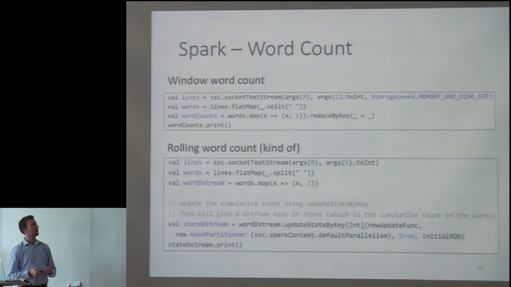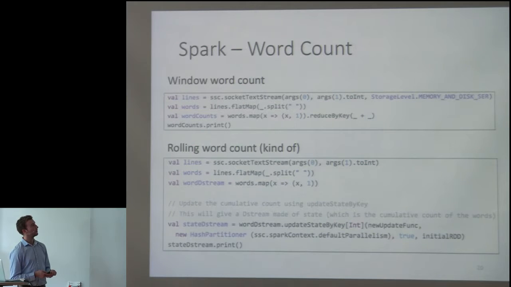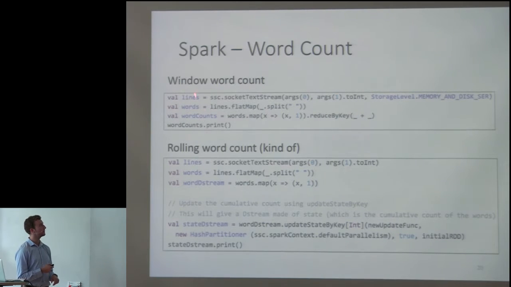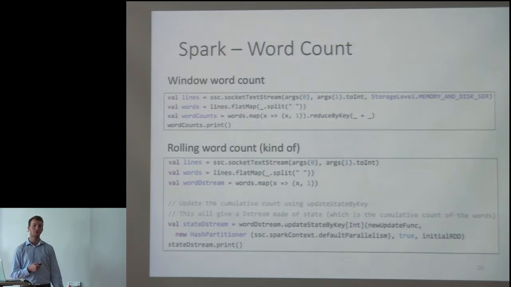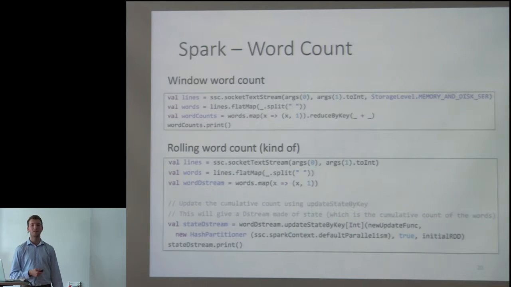Going to the same word count application, here we can see that the program that we write for Spark streaming is very much similar to what we had in Flink. But one thing that you should notice is that here I put window word count on the top. So actually, the program that looks like Flink rolling word count is in Spark streaming the window word count.